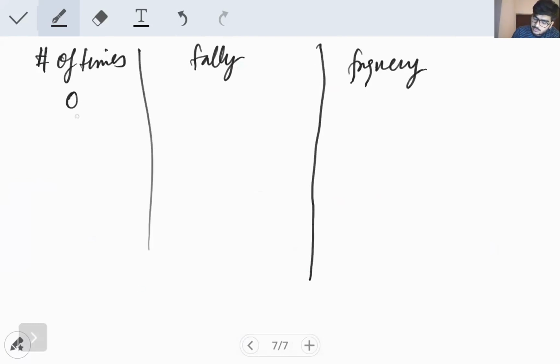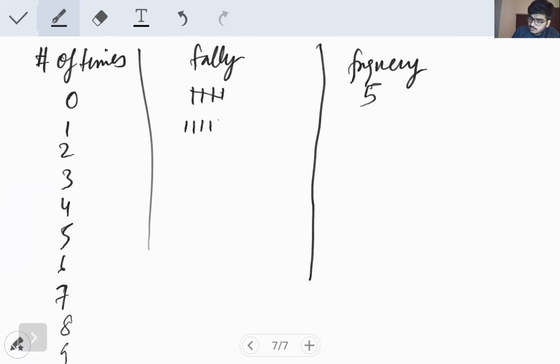So let's start with 0, 1, 2, 3, 4, 5, 6, 7, 8, and 9. Maximum it was 9. So the tally will start as 0; for 0 it was 1, 2, 3, 4, 5. So we'll write 5. Then for 1 we will again calculate it. That will come as 1, 2, 3, 4, 5 and a 6.